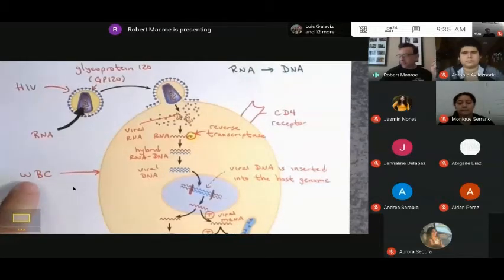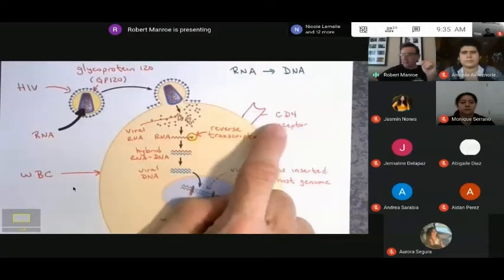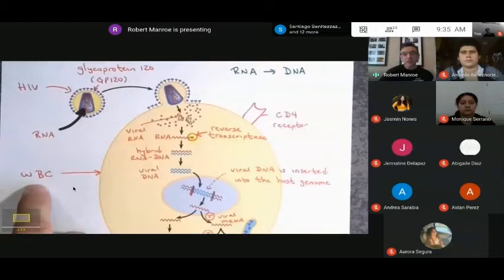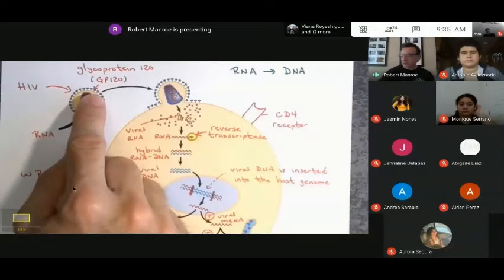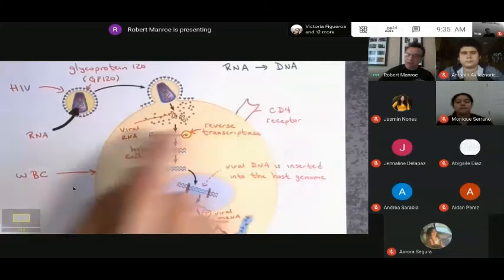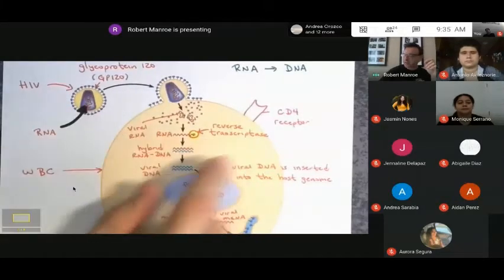Why? Because white blood cells have a receptor called CD4, and CD4 is the receptor that white blood cells use to communicate. GP120 is a docking protein, a receptor protein that matches the CD4 receptor that's present in all white blood cells. So this is why HIV infects white blood cells.